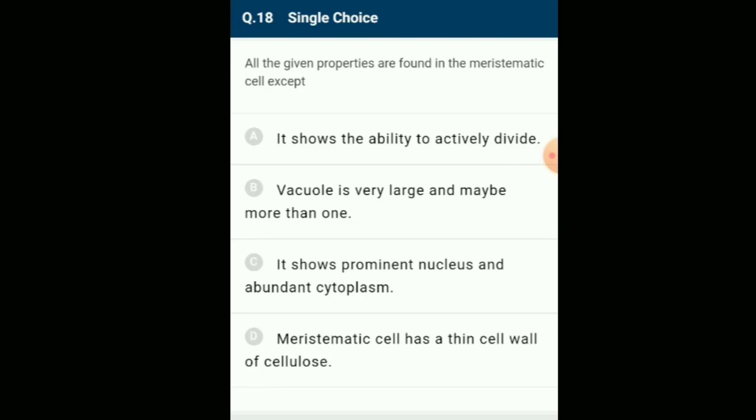Their cell walls are composed of cellulose and are thin to facilitate cell division. The meristematic tissue contains compactly arranged cells. So the answer for this question is option B. Vacuole is very large and may be more than one. So except that point, remaining all other given properties are correct.